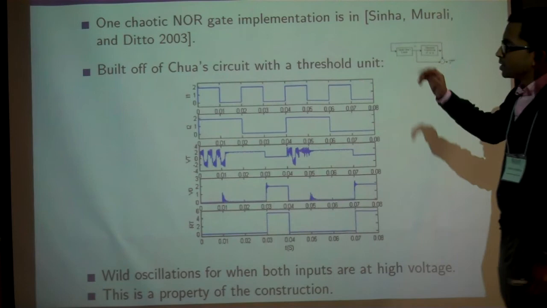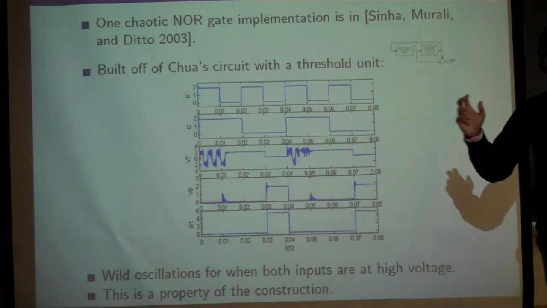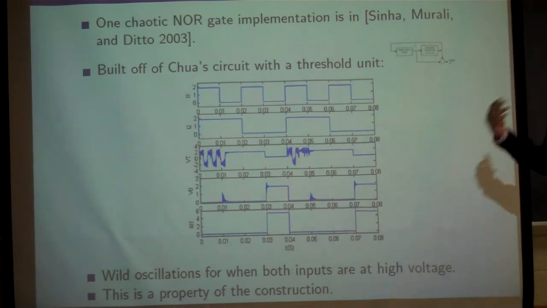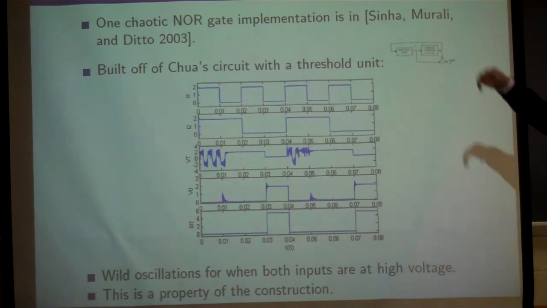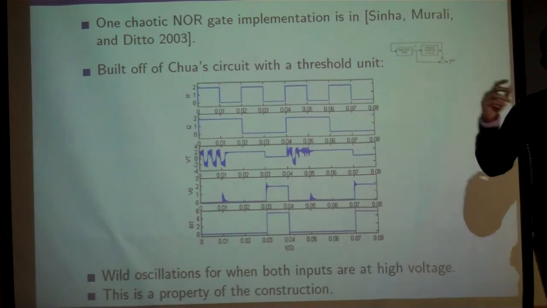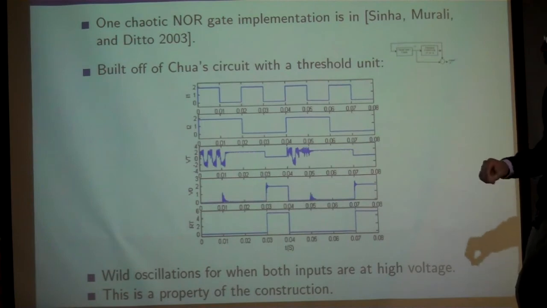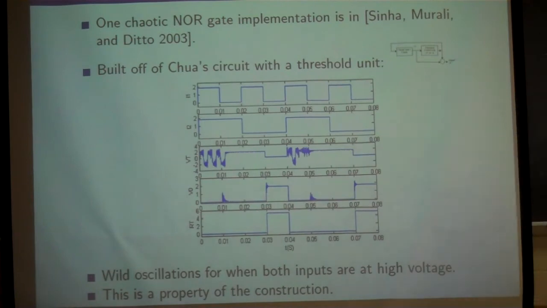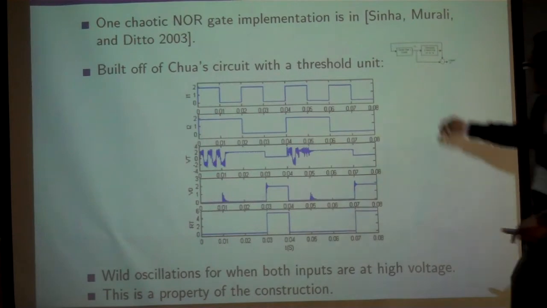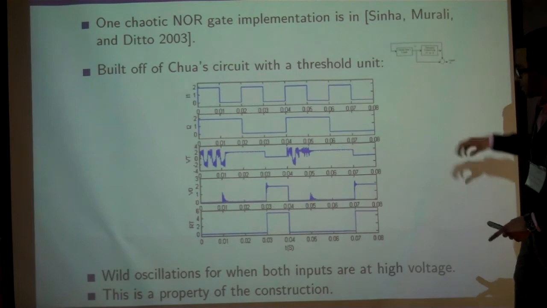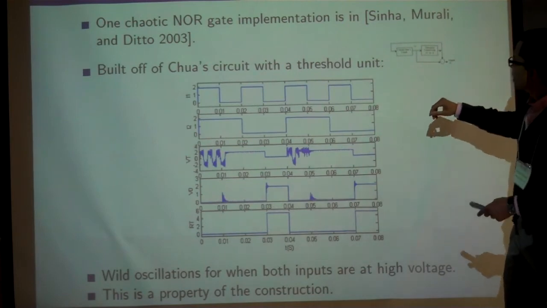From Chua's circuit, in recent years, people have made other sorts of circuits. One thing that has been made is a NOR gate implementation out of Chua's circuit. This was done by Sinha, Murali, and Ditto in 2003. The schematic itself is pretty complicated, and I was hoping to make this bigger, but it wasn't really quite fitting in.